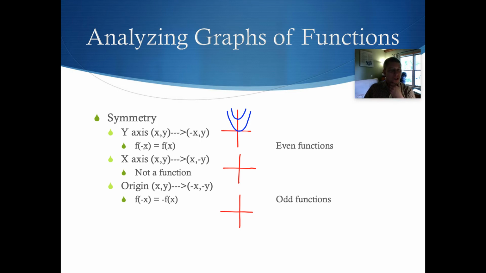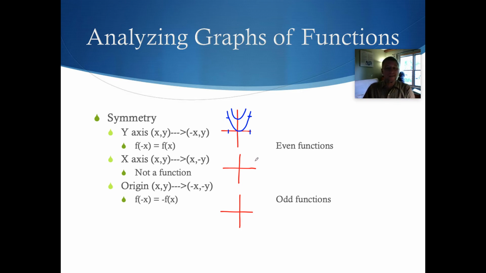Mathematically, it turns out that the value of f of x is equal to the value of f of negative x. So if this is positive 1, and it gives me a value of y, and this is negative 1, it gives me the same value of y. That's what it means to be symmetrical about the y-axis.